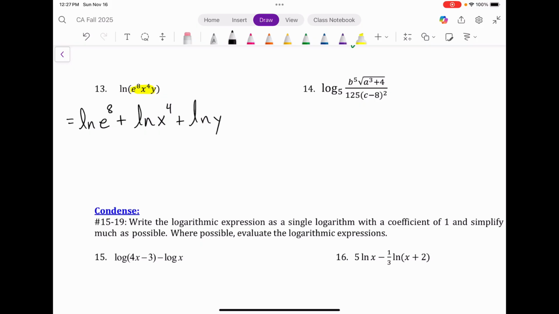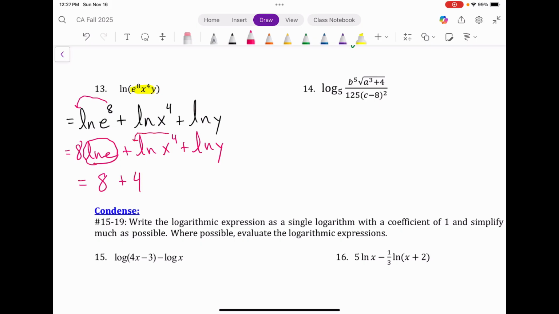And then the only other thing we could do here is move this 8 exponent to the front. Okay, and then we know natural log of e is 1, so 8 times 1 is just 8. And then what else could we do? We could move that 4 to the front as well to be a coefficient. And that's it. That's all we could do there.